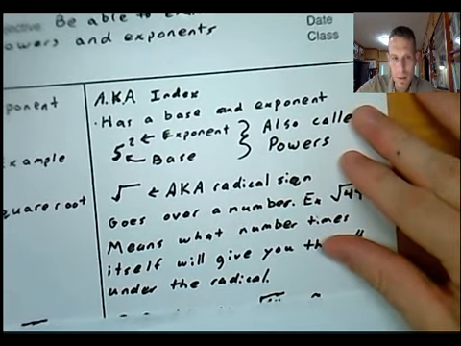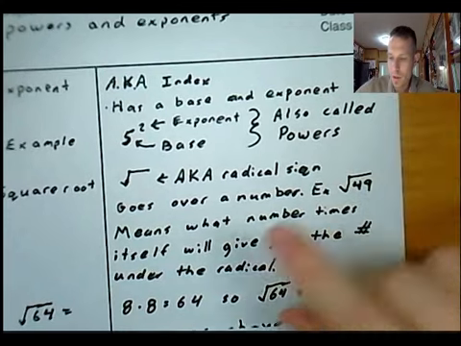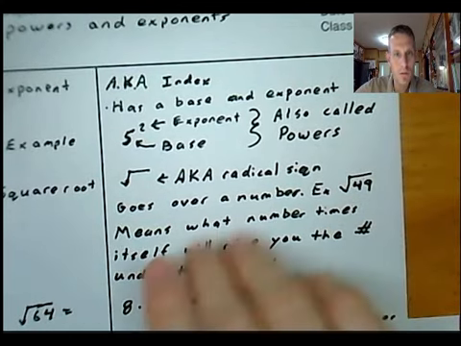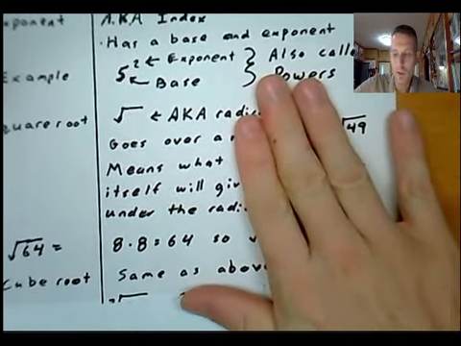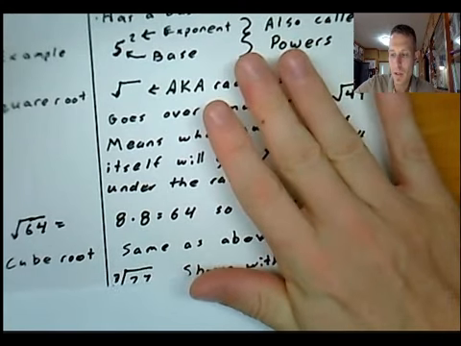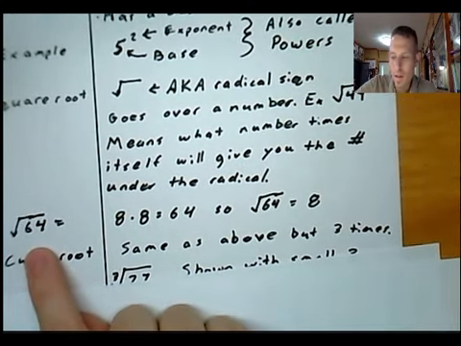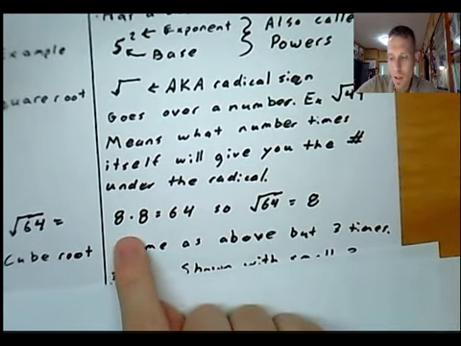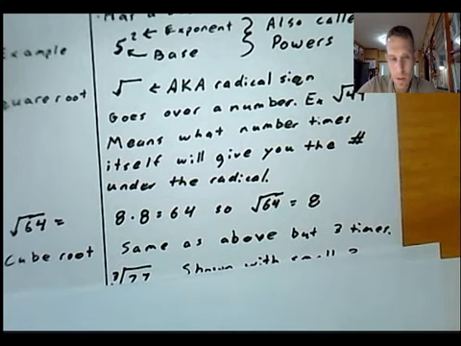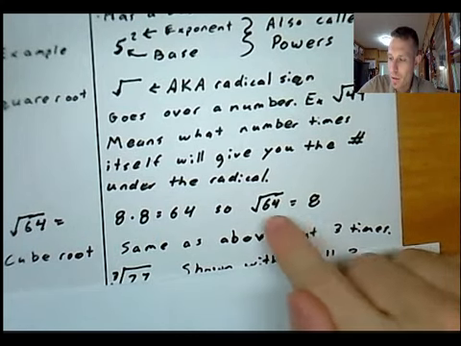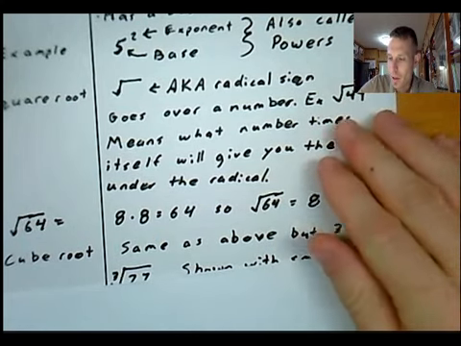So best way, I guess, is to give an example. The square root of 64: what number times itself will give us 64? That would be 8 times 8 is 64. Most of you guys have that memorized, I hope. So square root of 64 is 8.